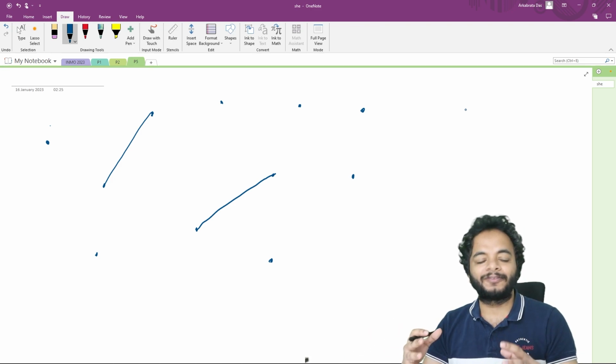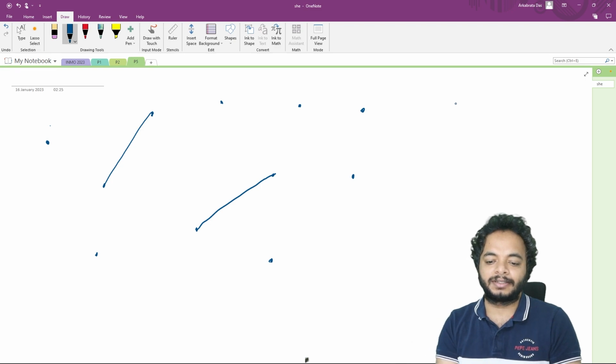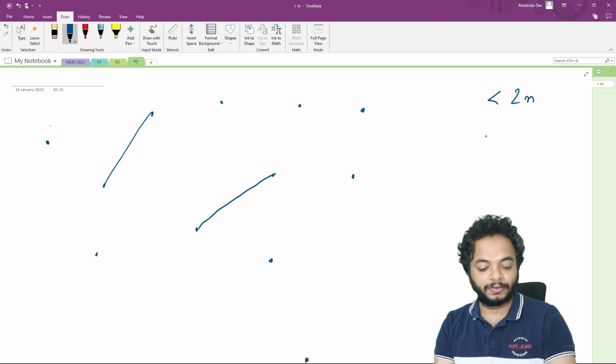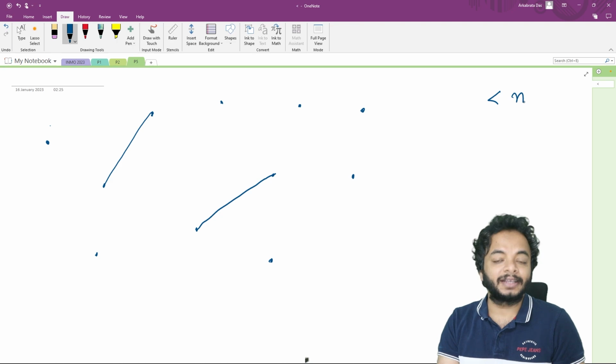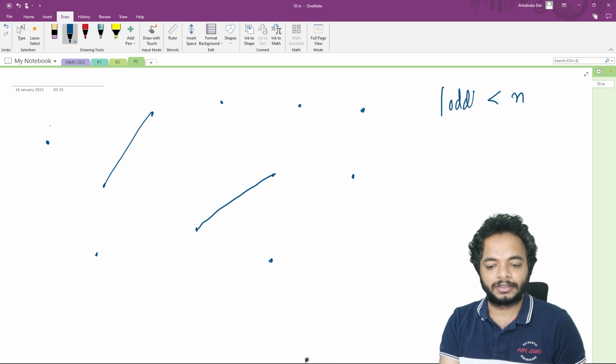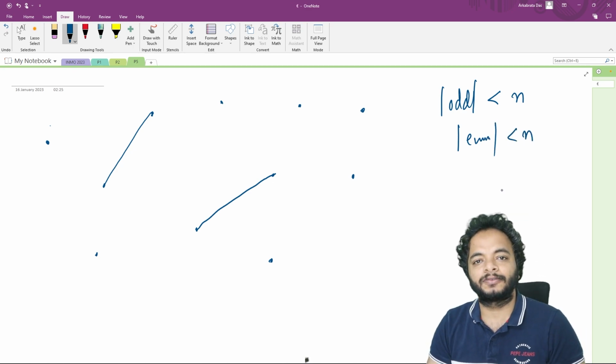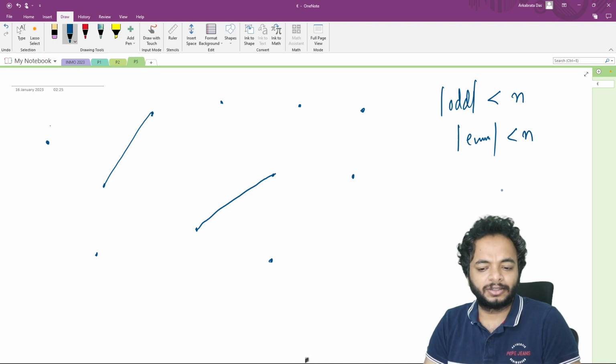If I can show that the count of the odd numbers is strictly less than n, and the count of the even numbers is also strictly less than n, then I'll be done. That is, the sum of the whole thing is strictly less than 2n.